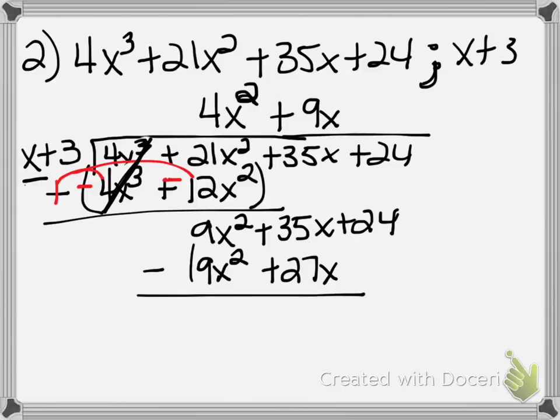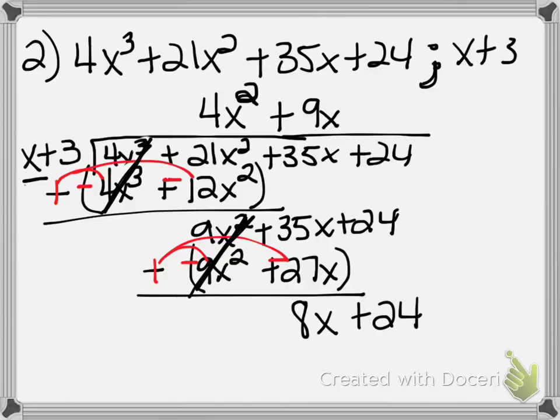So now I need to subtract this binomial, which means that I am going to distribute the negative, so that it now becomes an addition problem. 9x squared plus negative 9x squared eliminates, and it's 0. 35x plus negative 27x is 8x. And then I have to bring down my 24.